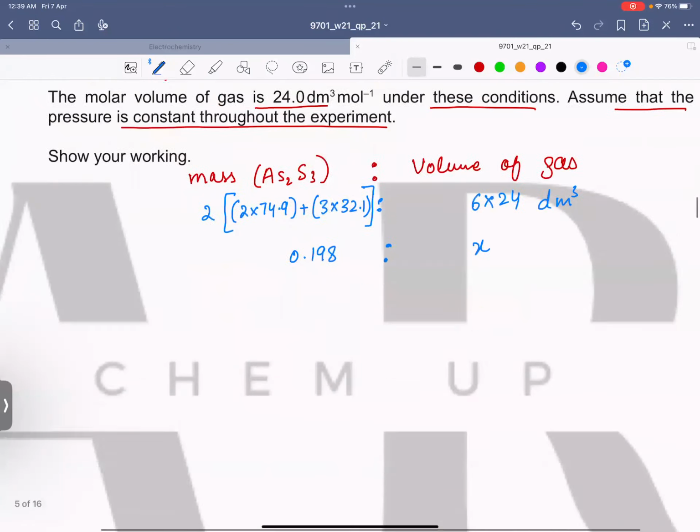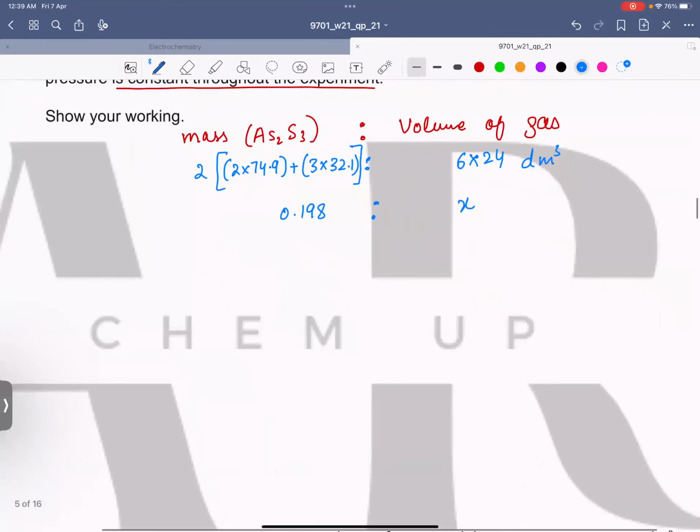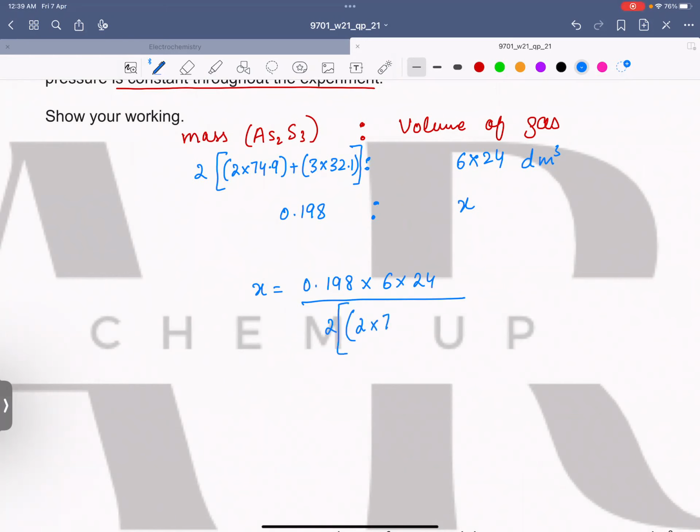That must be X. I made the ratio, I have to find the value of X. So X would be 0.198 multiplied by 6 times 24 divided by 2 times (2 times 74.9 plus 3 times 32.1). Can anybody solve it in the calculator and then send it to me?